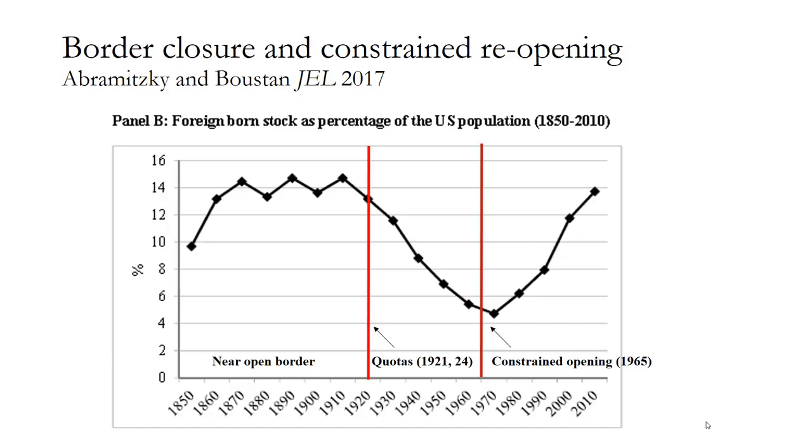The share of the population that's foreign-born starts to decline and bottoms out in 1970 at around 4%. At that point, the border reopens in a constrained fashion in 1965, and the share foreign-born increases until 2010 when it reaches 14% again. So ultimately, in this research agenda, we're hoping to use a similar type of approach to look at the constrained reopening of the border. But today I'm going to talk only about the period of border closure.